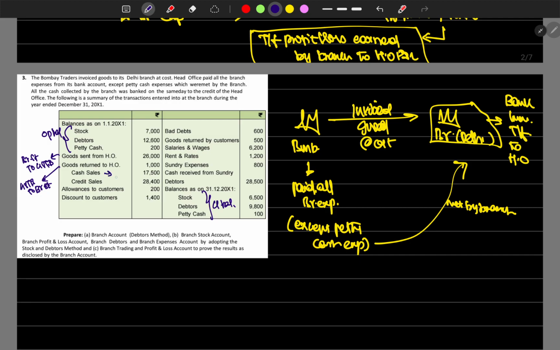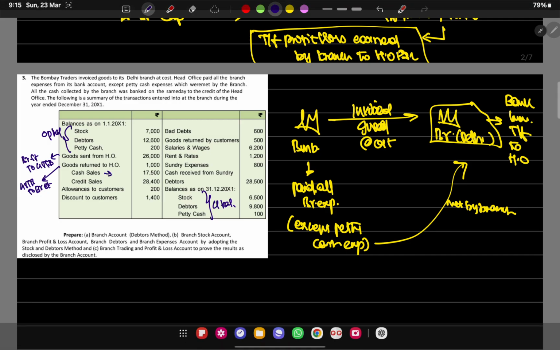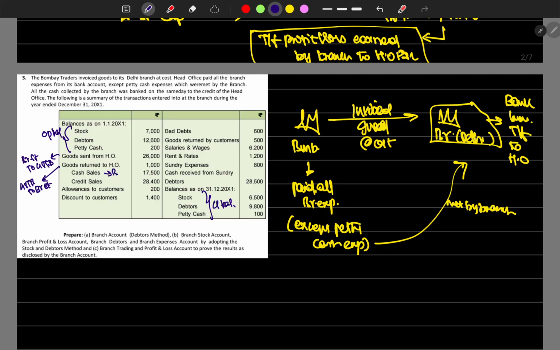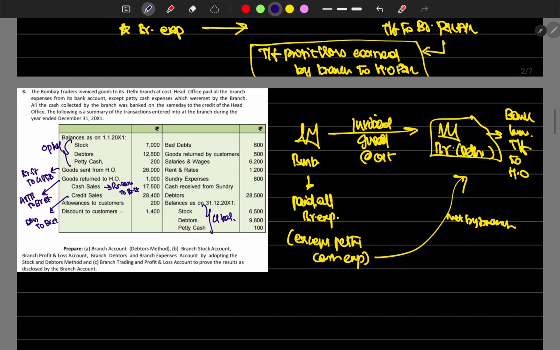If it is cash sales, then branch cash to branch stock, right? Then credit sales, debtors should increase to branch stock. Our stock should reduce.